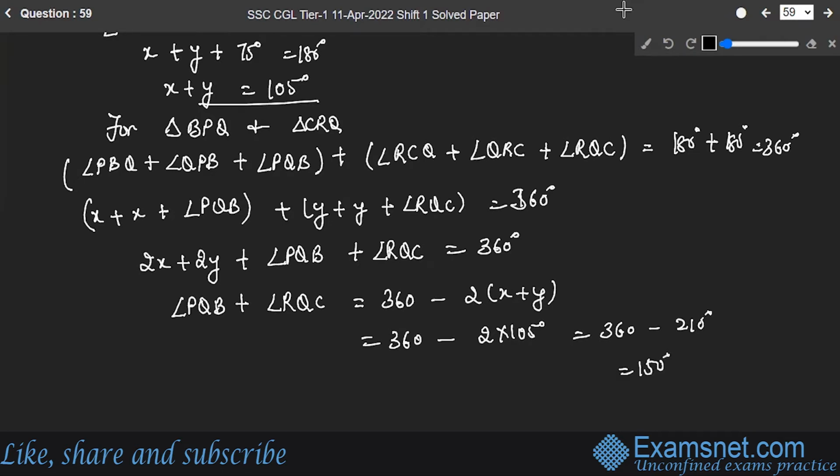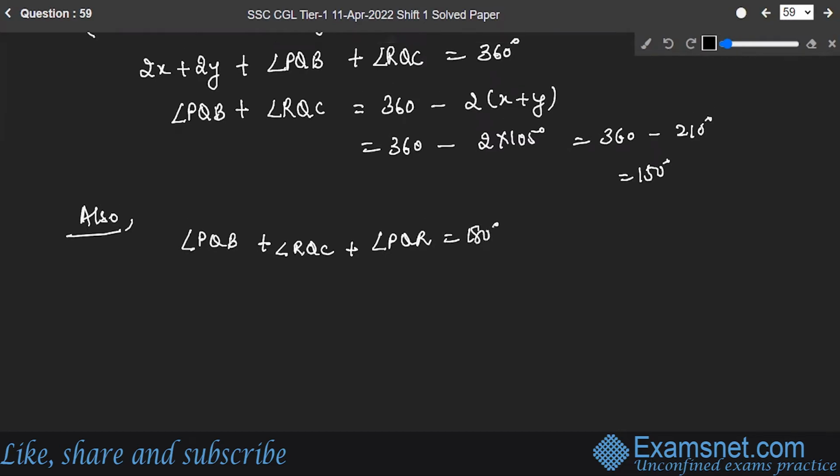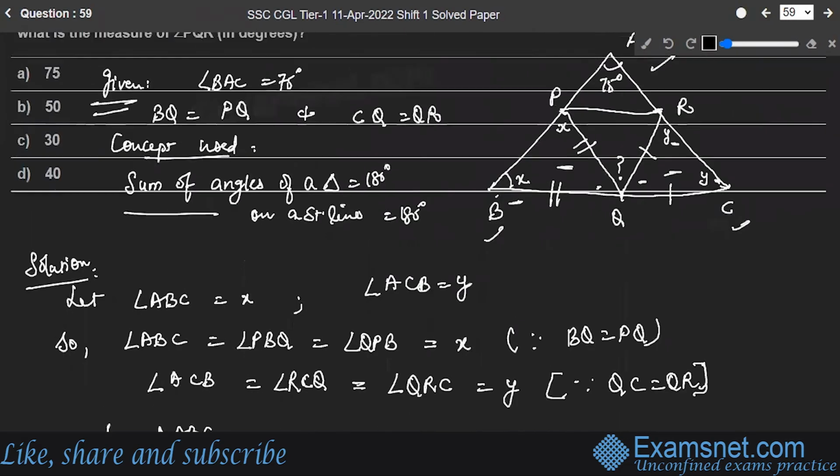Okay. Also, you have one more thing. Angle PQB plus angle RQC plus angle PQR is equal to 180 degrees. Why is it so? See, these are the three angles: angle PQB, angle PQR, and angle RQC.